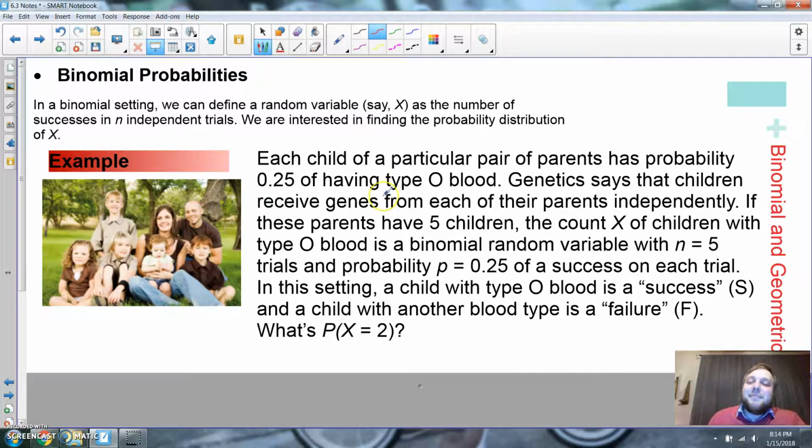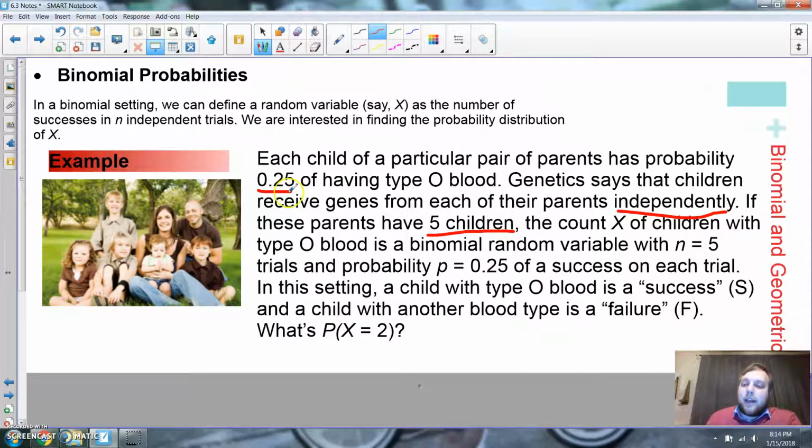Genetics says that children receive genes from each of the parents independently. That's one of our key things. If these parents have 5 children, that's a set number, and there's a 25% chance of having type O blood and a 75% chance of not having it.